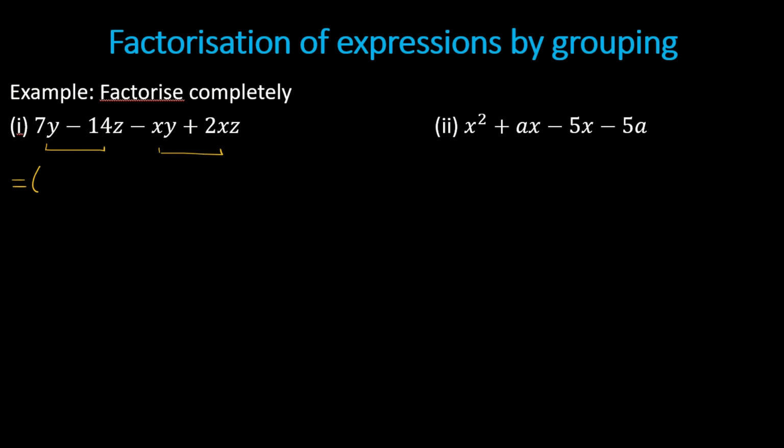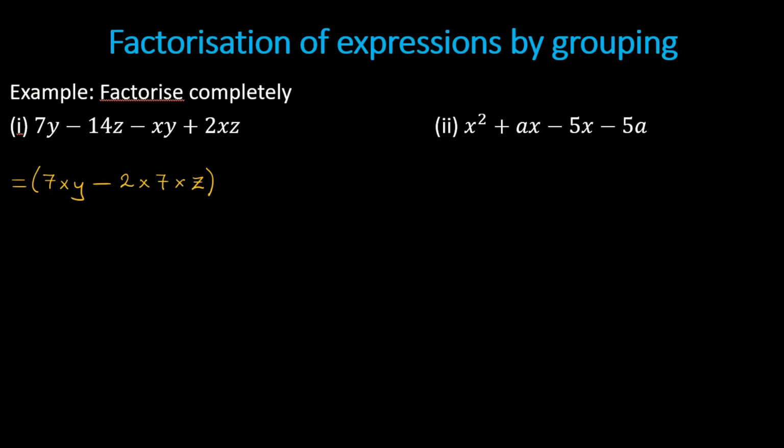The first term is 7y, so it is 7 times y. You have a minus here, insert your minus. Then you have 14z. 14z in expanded form is simply 2 times 7 times z. So we close the bracket because we have already taken the first two terms.